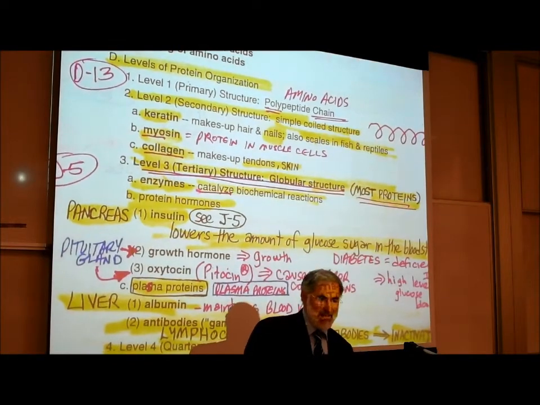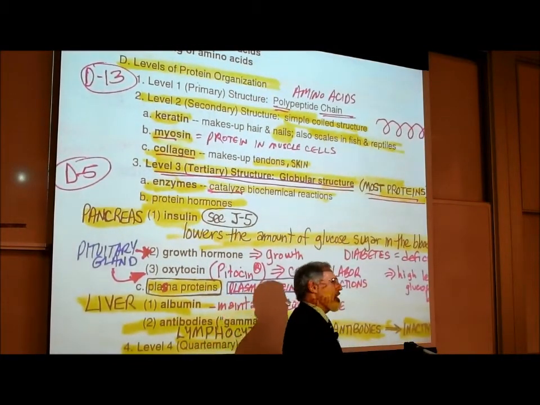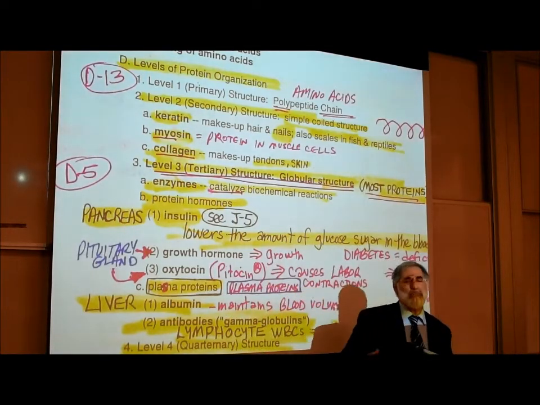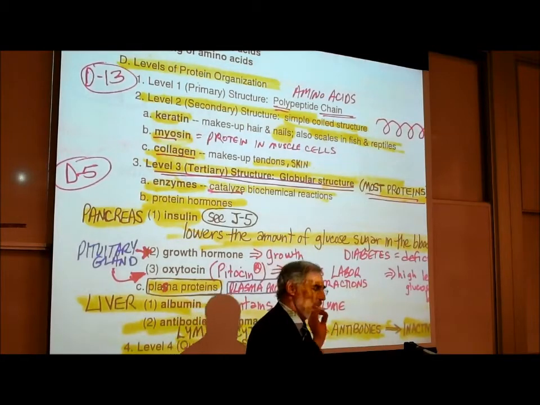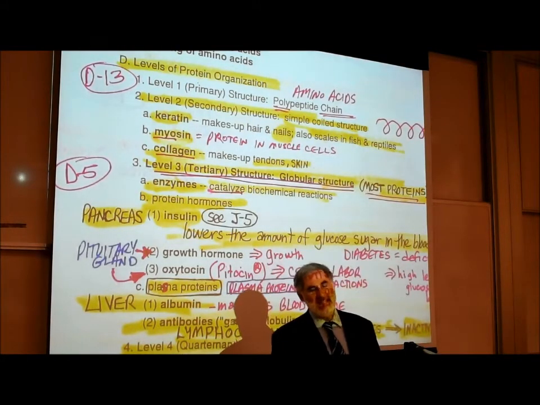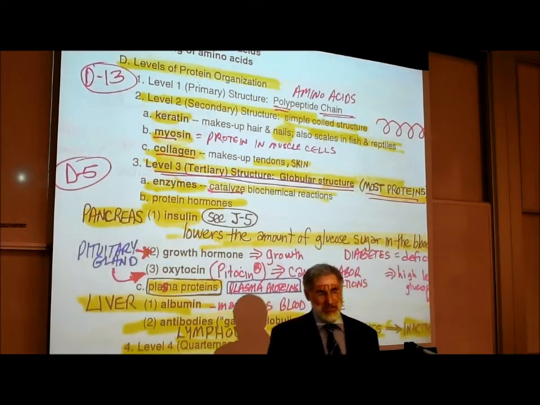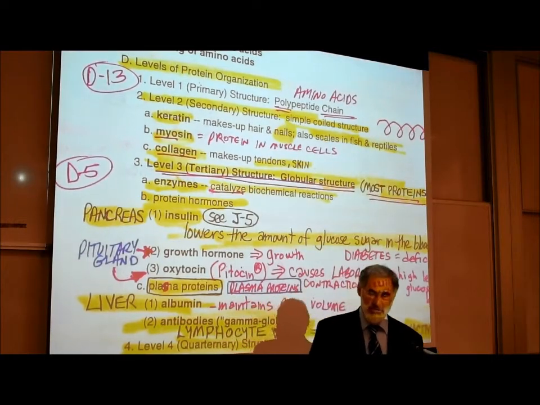The word catalyze means they cause biochemical reactions to occur. There are thousands and thousands of biochemical reactions occurring in the cells of our body. Each biochemical reaction is catalyzed by a different enzyme, which are proteins. So literally, there are thousands of different enzymes in the cells of all living things.